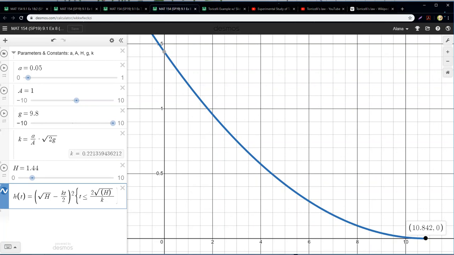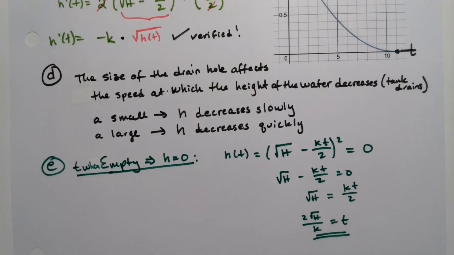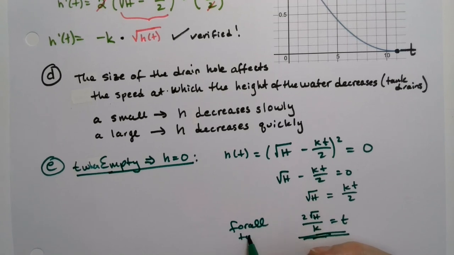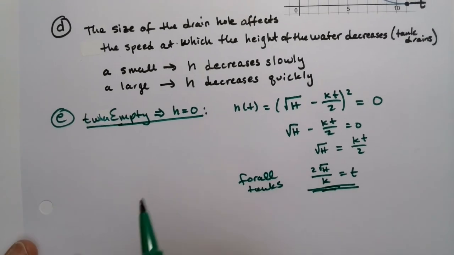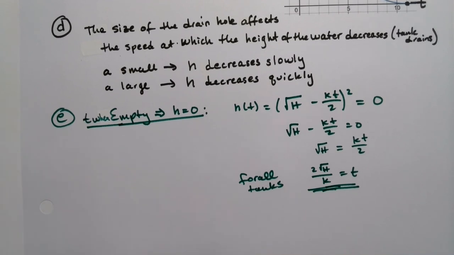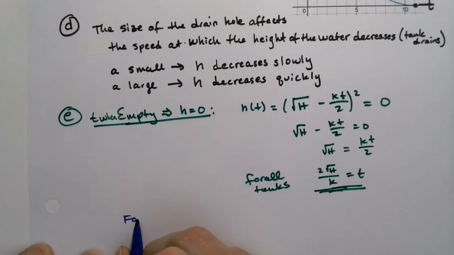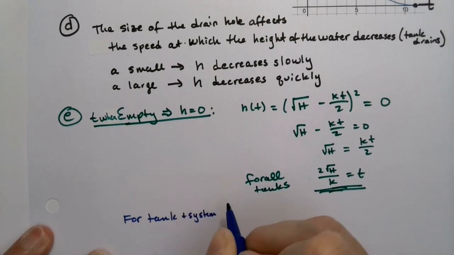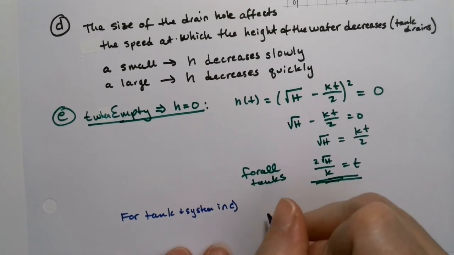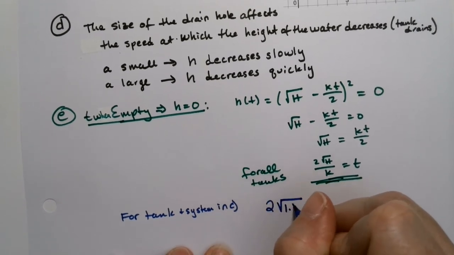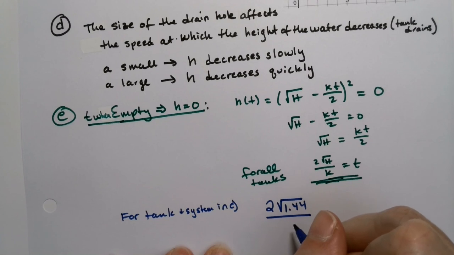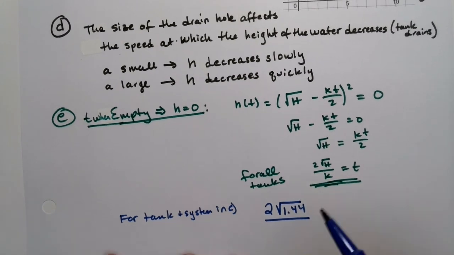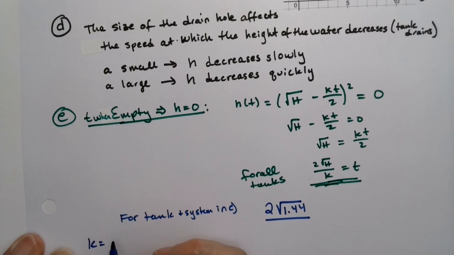So how do we get that? Well, you can just substitute in the values. This is true for all tanks, and then for the particular one we're looking at, for the tank and water system in part C, we would use 2 square root of 1.44 over k. Oh, I better find k. K is equal to, there's a little formula right here.